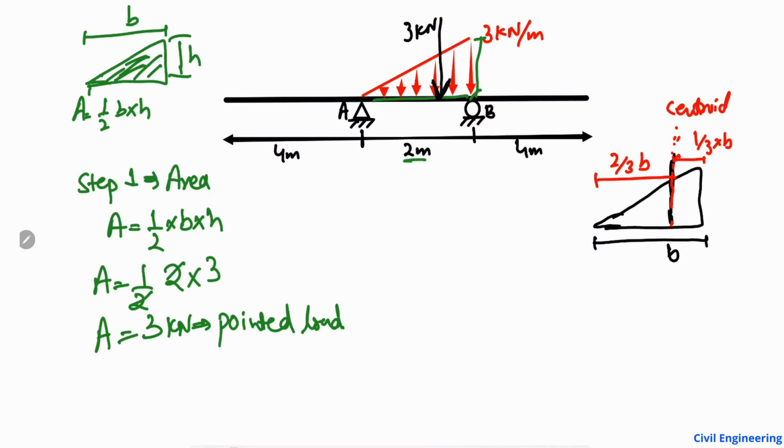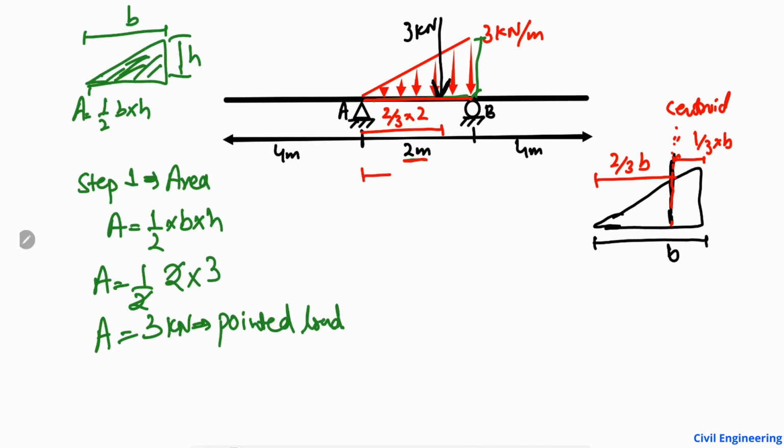So in our case, the 3 kilonewton load acts at the centroid of the triangle, from this point up to this point. In this case, we have 2/3 of the length. This distance will be equal to 2/3 of the triangle length, and the triangle length is 2 meter.